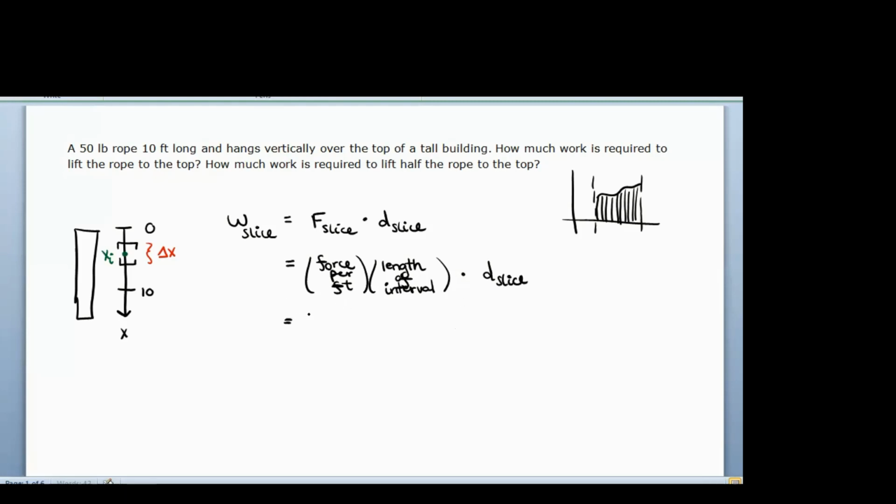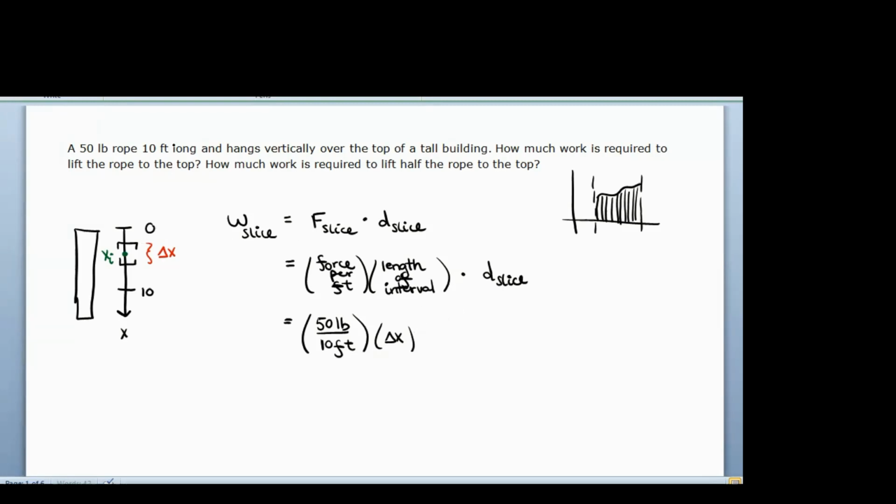So my force per foot is going to be my 50 pounds divided by the length of my rope. Now the length of my interval we specified at the beginning is delta x. And then what do I mean by distance? What my distance here means is how far my slice has to travel to get to the top of the building.